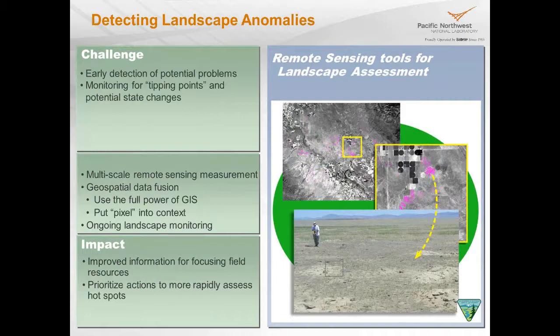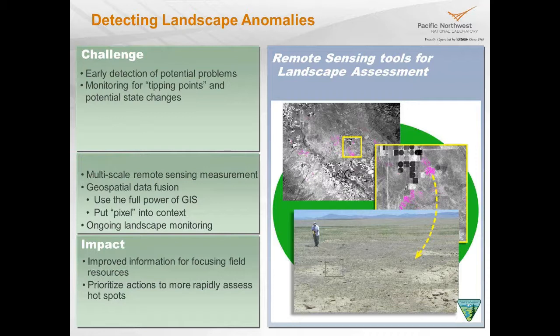Another analysis that we have developed over the years, and are currently testing for a slightly different use, is detecting landscape anomalies through remote sensing and geospatial data fusion.